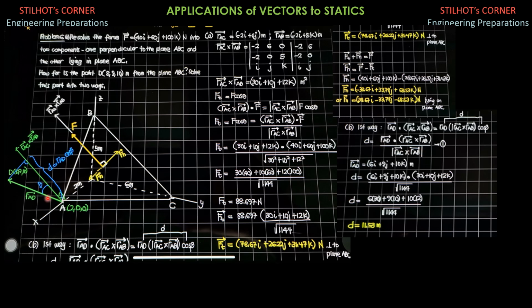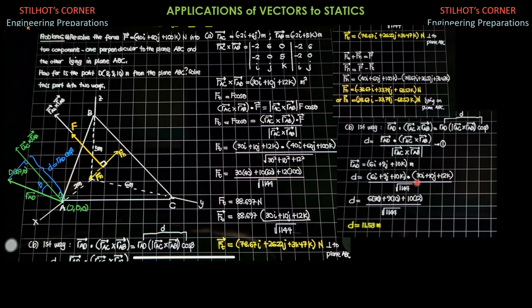From the figure, RAD is terminal minus initial. So 8 minus 2 is 6i, 9 minus 0 is 9j, then 10 minus 0 is also 10k. So we have 6i plus 9j plus 10k, that's the position vector RAD. So substitute into this formula here, RAD dot quantity RAC cross RAB divided by the magnitude of RAC cross RAB, which we already computed from the first part.